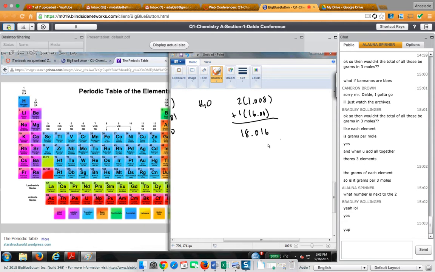So what Bradley is saying is, doesn't this represent the grams for 2 moles of water, because you have 1 mole of hydrogen and 1 mole of oxygen, right? Yes. All right. Let's do this. Can I introduce to you this weird concept called an Anastasio?